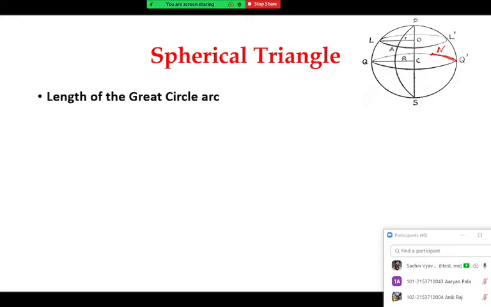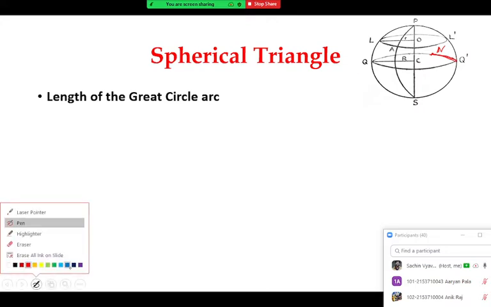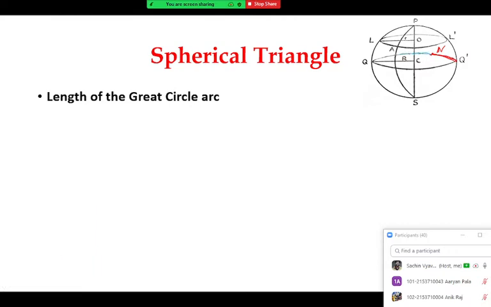Whenever we have two points N and Q dash, the great circle is divided into two parts. One is a smaller arc, NQ dash, and there is another arc between these two points, on this side. Are you getting it? So on a great circle, if we have two points, those two points divide the great circle into two arcs, one smaller and the other larger. Or at maximum, they can be equal arcs.